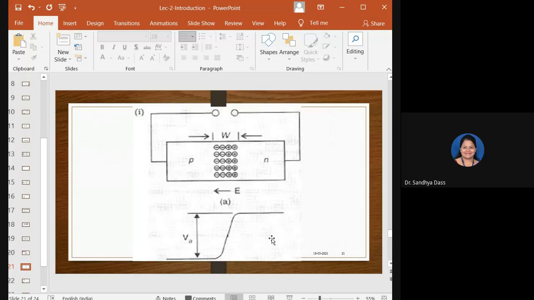So the junction is said to be depleted of carriers, right? So the junction is now called the barrier region or the depletion region, all right? And the field that is developed is called the space charge potential, also called barrier potential, or also referred to as cut-in voltage or knee voltage.